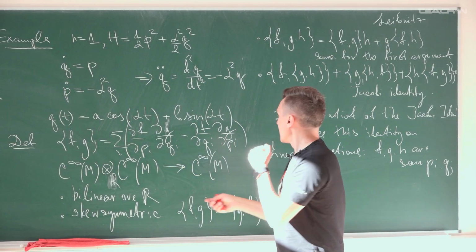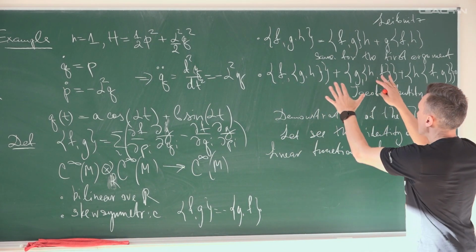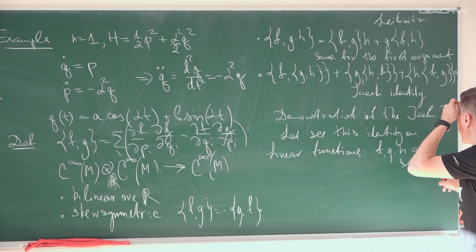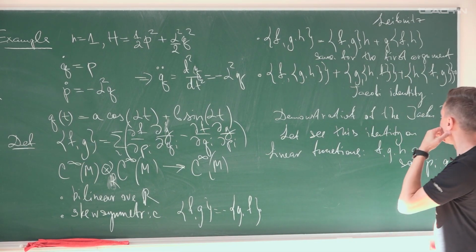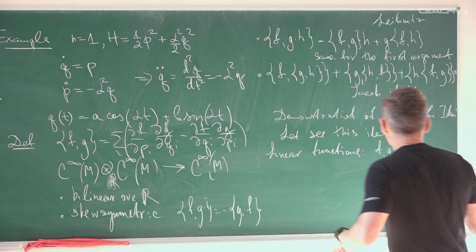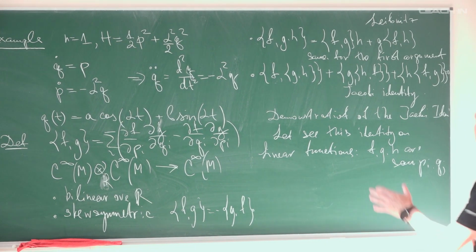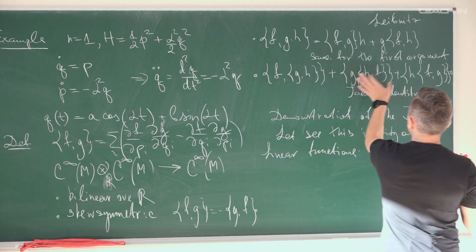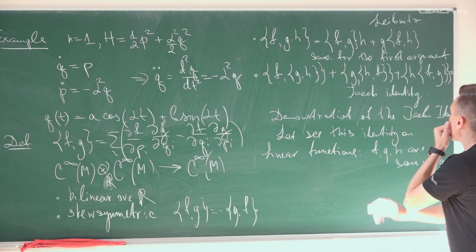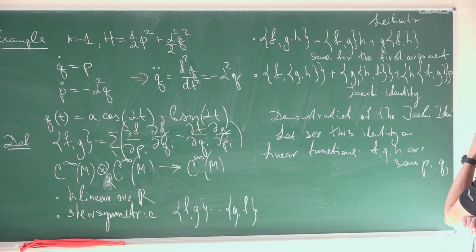Okay? So if you take f, g, h as some linear functions, then it is 0 just by trivial observation, that each summand in this identity is 0.